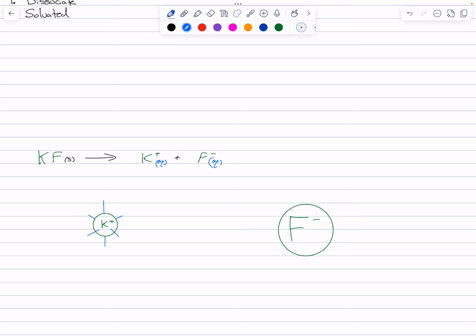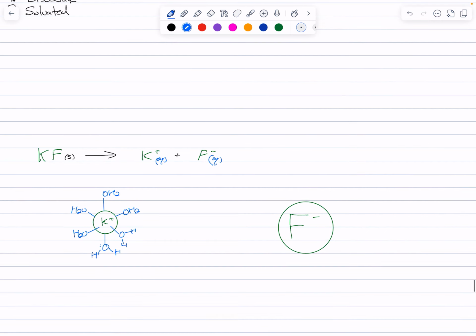All right? And so since potassium is the positive side, you'd have O going towards it. A lot of times they write it H2O like this way, or OH2. And you can put the lone pairs on there if you want.